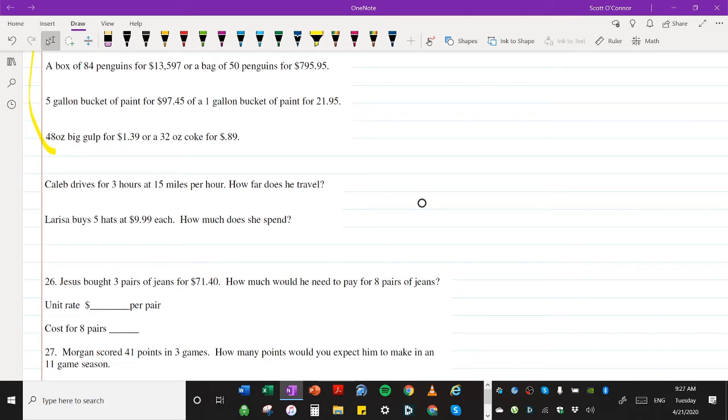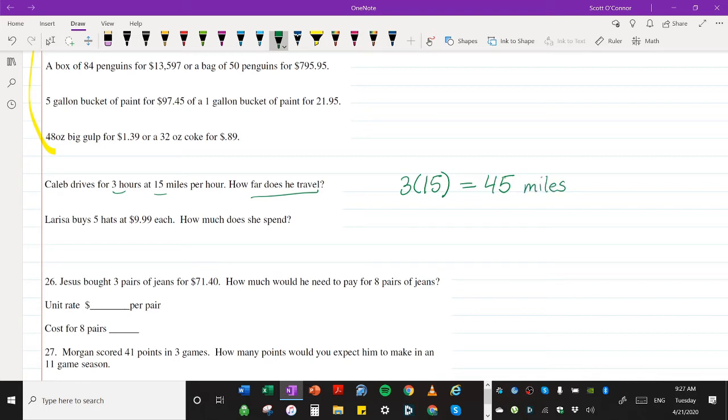Caleb drives 3 hours at 15 miles per hour. How far does he travel? So we know for 3 hours he does 15 miles. Well, then that's simply a matter of, for 3 hours, 15 miles each hour, so we have to multiply. We get 3 times 15 and we get 45 miles.